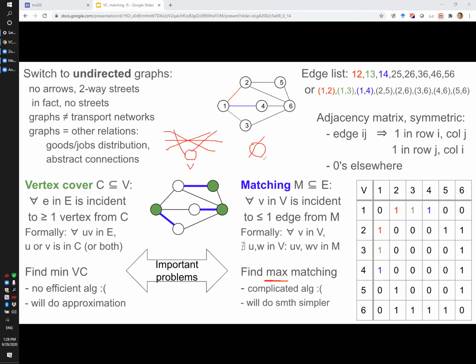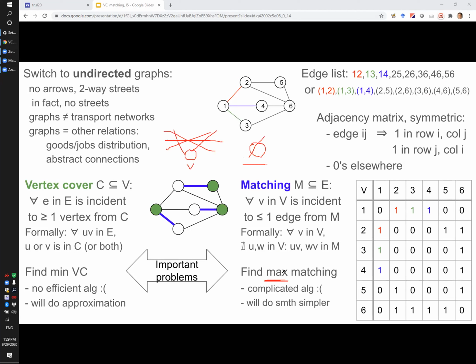While if you have an empty set of edges, that's a matching, because no two edges from the set touch a single vertex, because there are no edges in the set at all. But that's not a very interesting matching. So what you want to do is to find maximum matching.